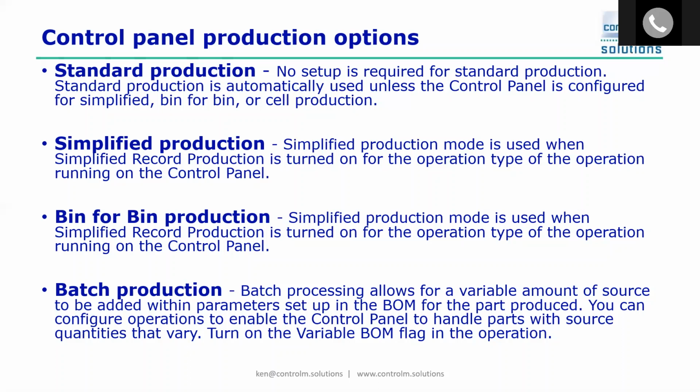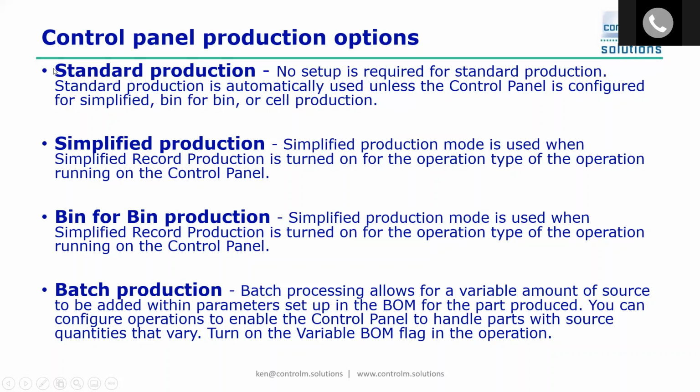Batch production and batch processing allow for that variable amount of source. These are our primary control panel options. To make a process use batch production, we have to turn on the variable BOM flag within the operation. So again, it's controlled at the operation level.